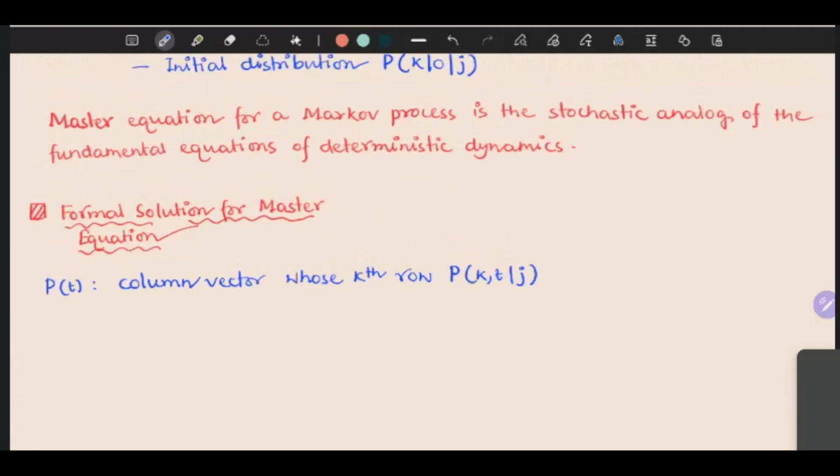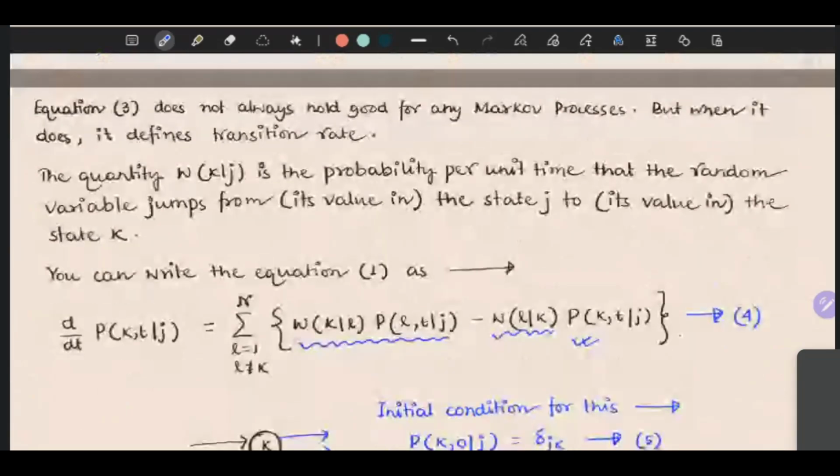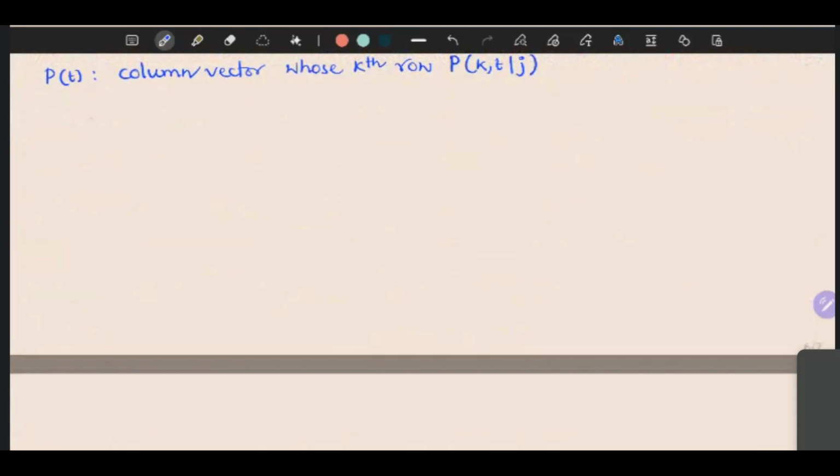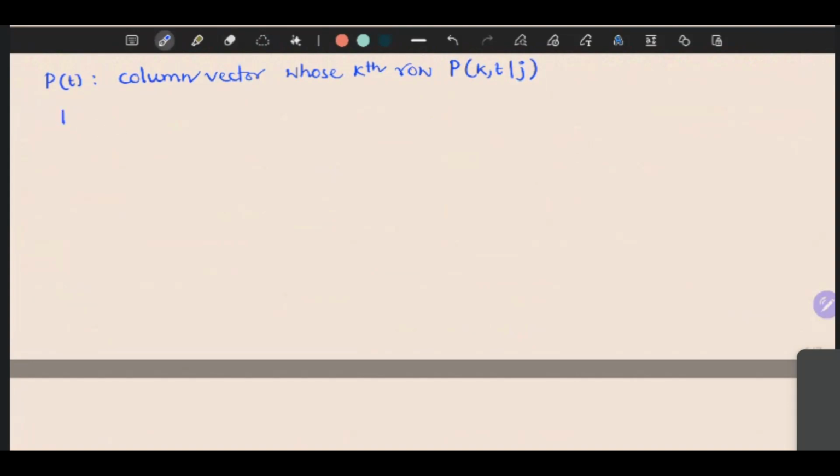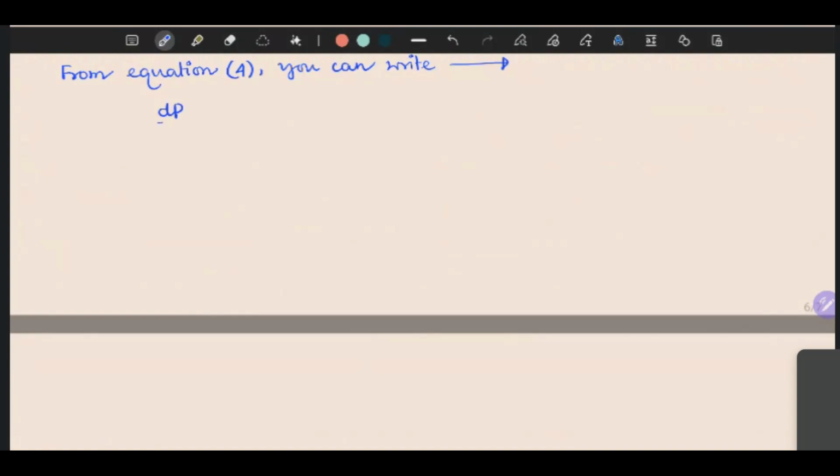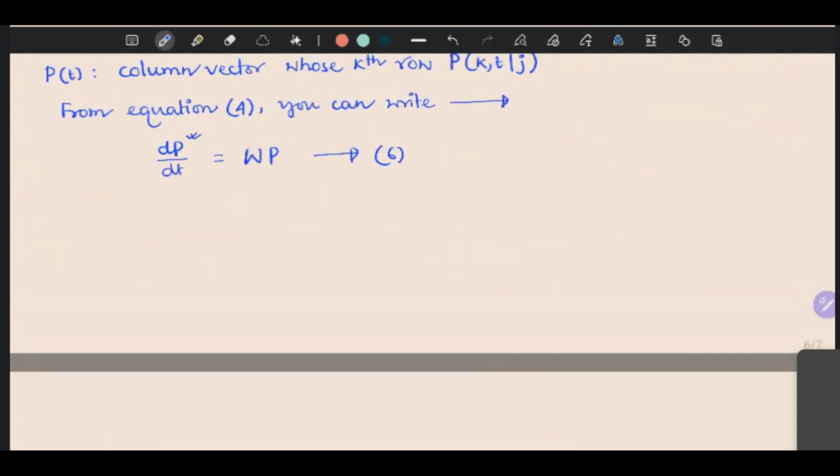Okay, so now from equation 4 you can easily write dP/dt is equal to WP. So here since P is a matrix, so this W is also a matrix, right?